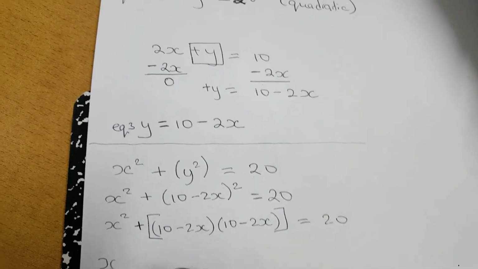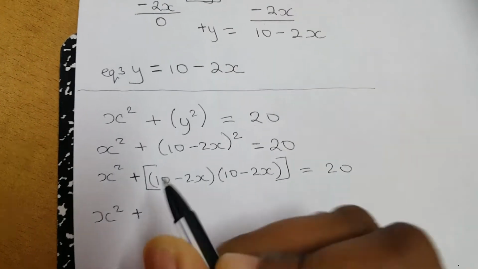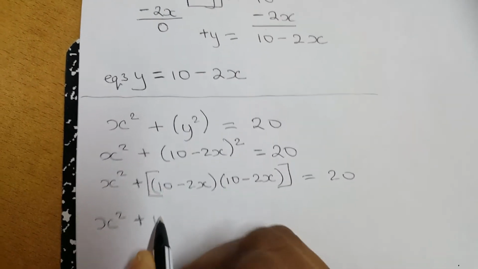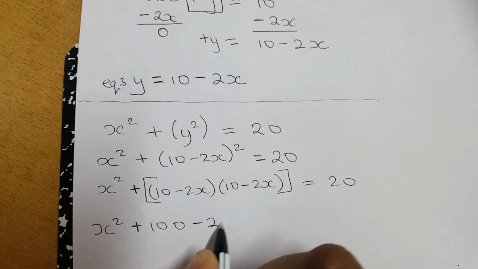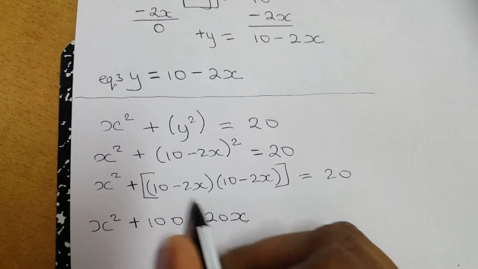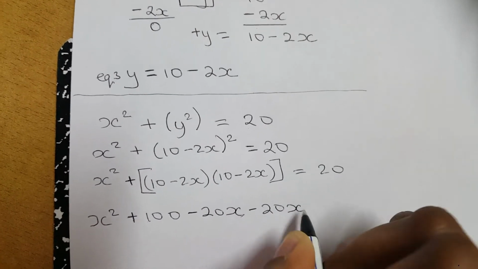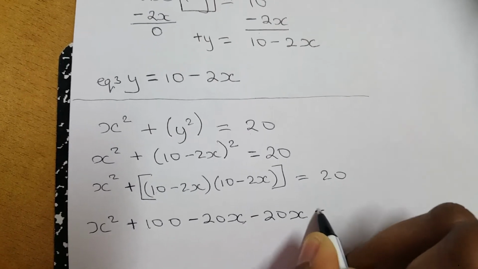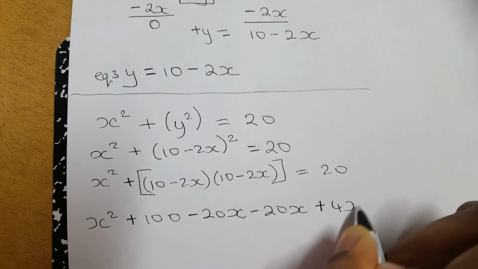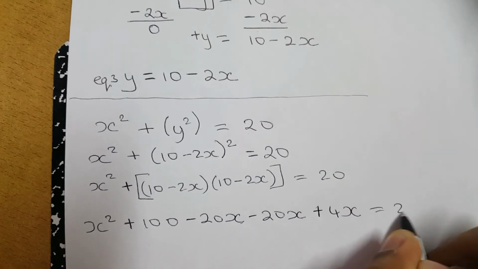Okay, so we have x squared plus 10 by 10, that's 100. 10 times negative 2x is negative 20x, and negative 2x multiplied by 10 is negative 20x, and negative 2x multiplied by negative 2x, that's positive 4x squared, and equal to 20.